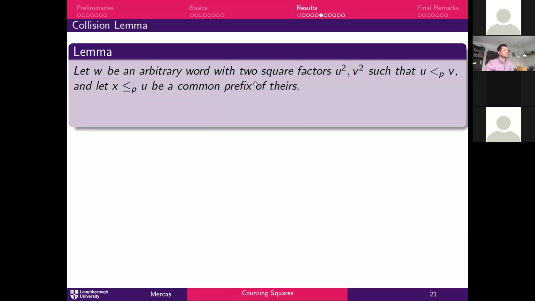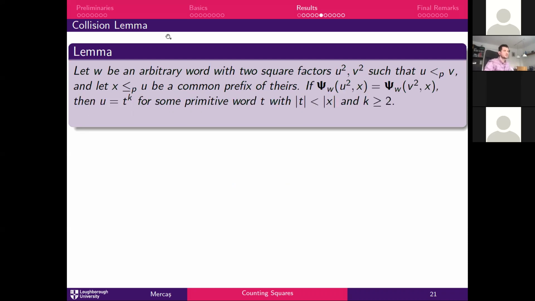Now, for two square factors, U and V, so that U is a prefix of V, I can take a common prefix of theirs, right? What I'm doing in general is considering chains, but I'm going to look only at one chain in this presentation. So if you have that u is a prefix of v, they obviously have a common factor, so I'm going to consider some x.